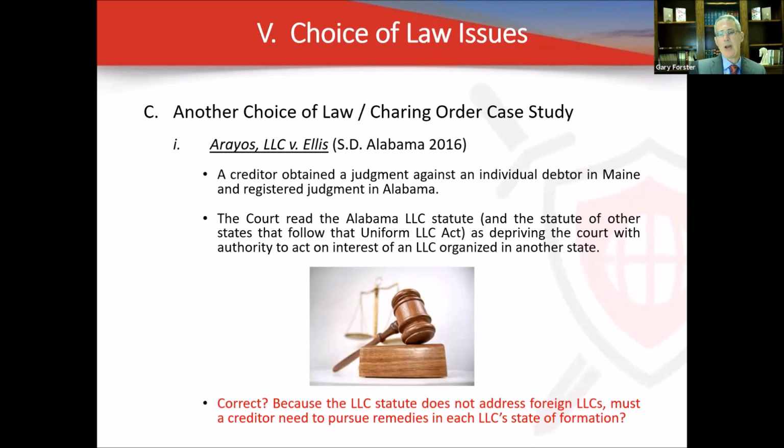A similar outcome in Arroyo's, even stronger in some ways, where there was the dispute in Maine, and the judgment was recorded in Alabama, and I believe it involved a Delaware LLC, and the Alabama court was not comfortable with dealing with the Delaware LLC.